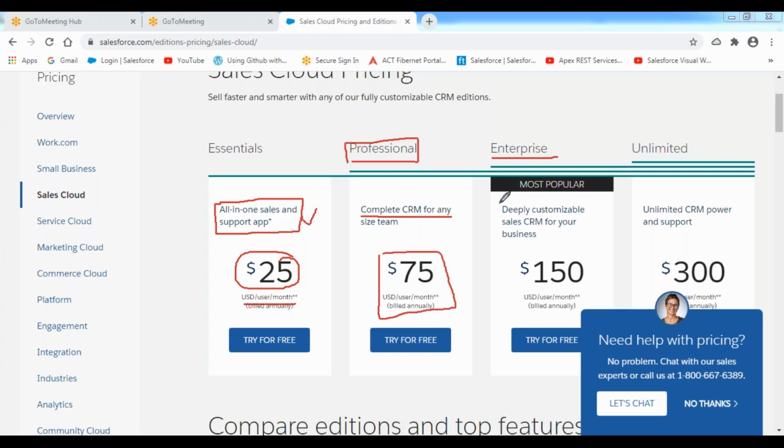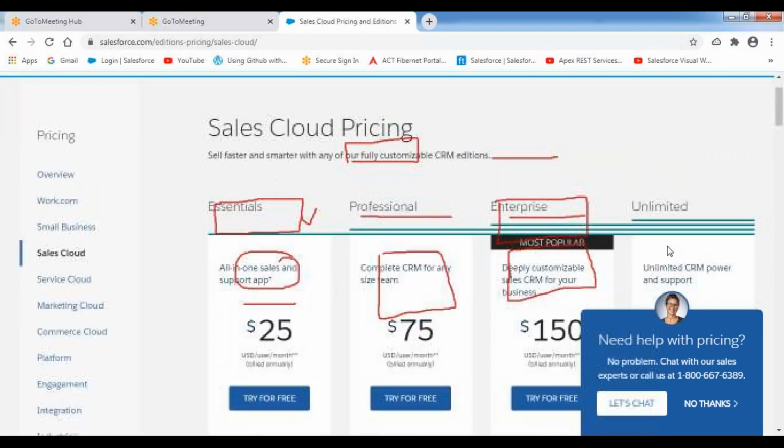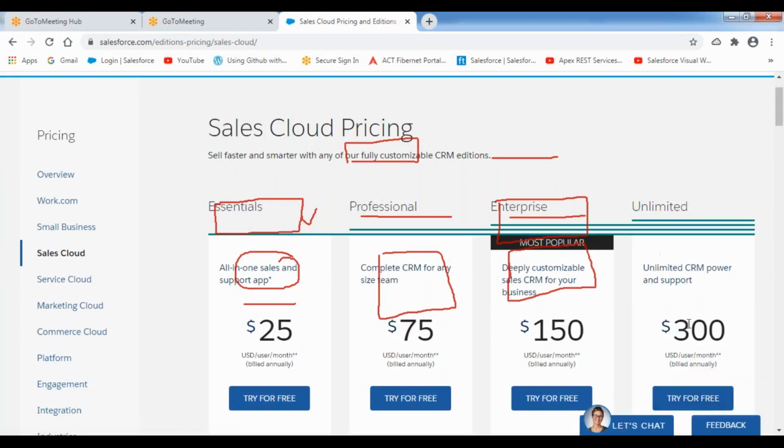Enterprise Edition provides a platform we can customize, at $150 per month per user license. And the fourth one, Unlimited Edition, is $300 per month per user license, providing unlimited CRM power and support also.